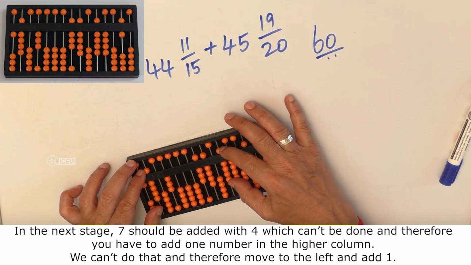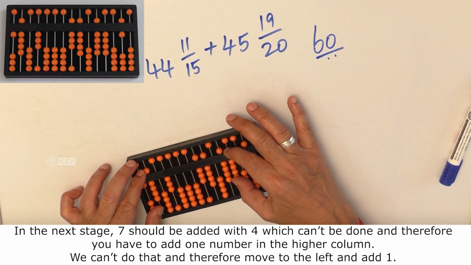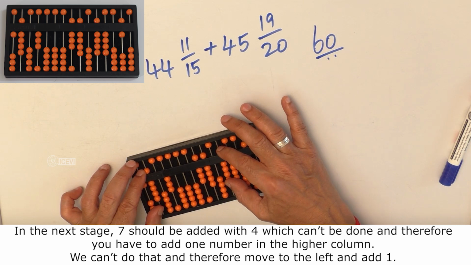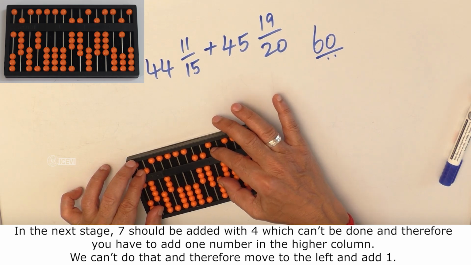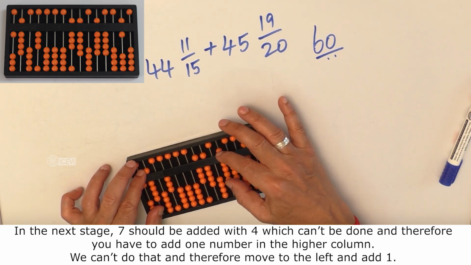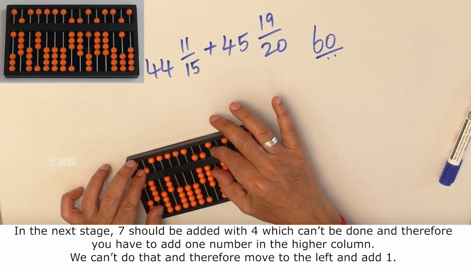In the next stage, 7 should be added with 4, which can't be done, and therefore you have to add one number in the higher column. We can't do that, and therefore move to the left and add 1.